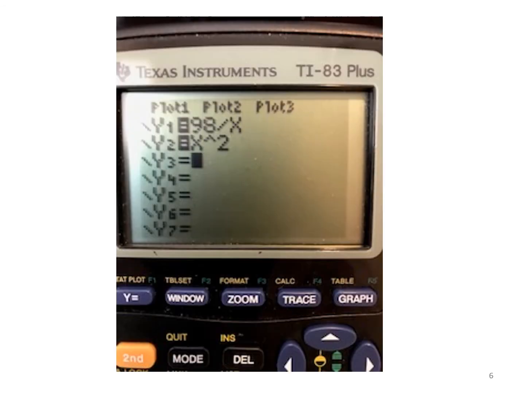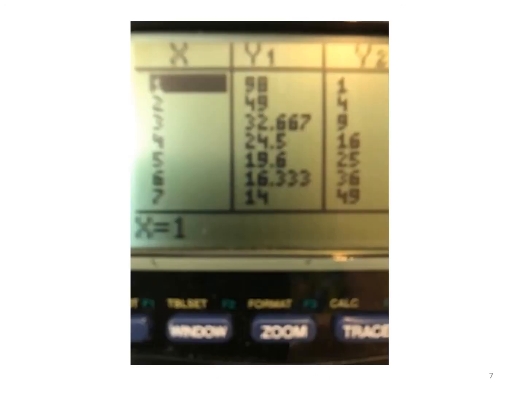And this is what it's going to look like. I entered 98 divided by x, scrolled down, and entered x raised to the second power. Now I'm going to press the second and the graph key, and you're going to get the table of these values. Notice you just have the numbers 1 through 7.